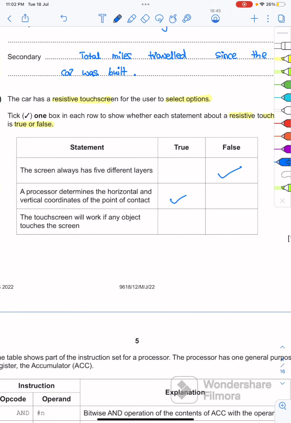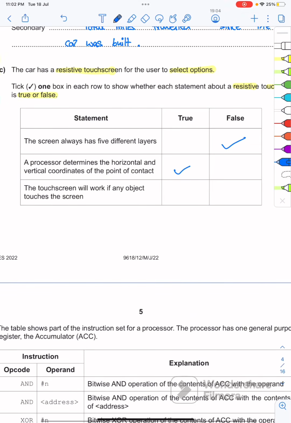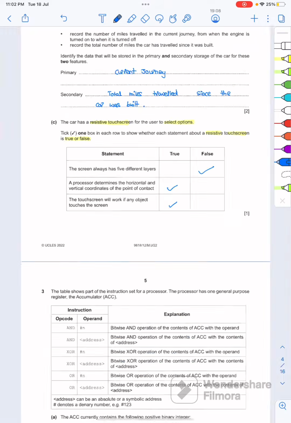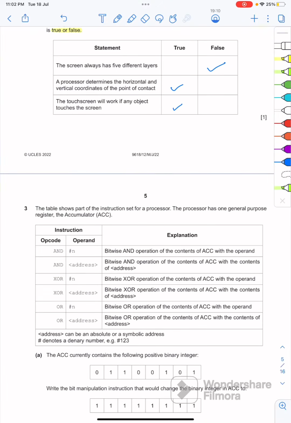The moment my pencil touches a certain point, the processor registers the horizontal and vertical components, and the point of intersection of that is used to register a touch, and that is what you use to navigate your way through touchscreen devices, right? The touchscreen will work if any object touches the screen. That is also true. And they gave you 1 mark for this, which is, I don't know what to say, to be honest.